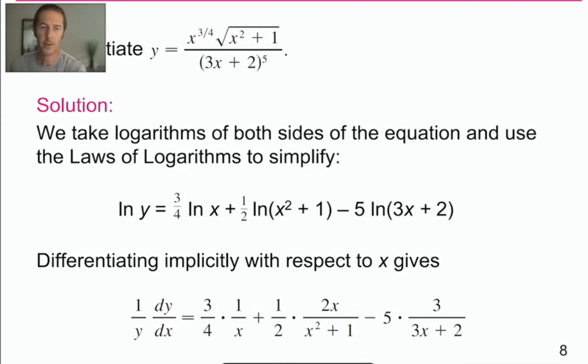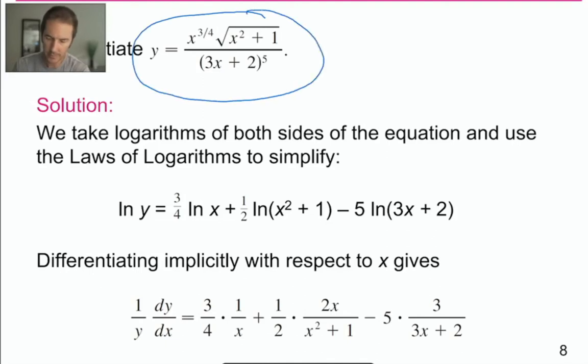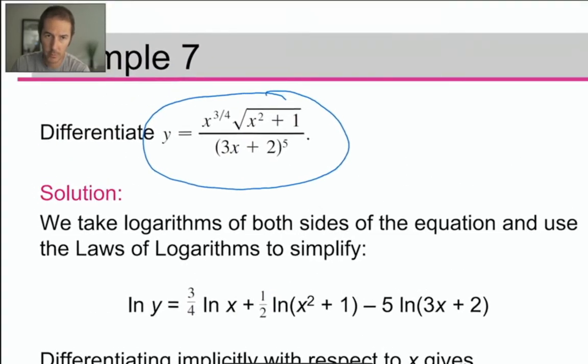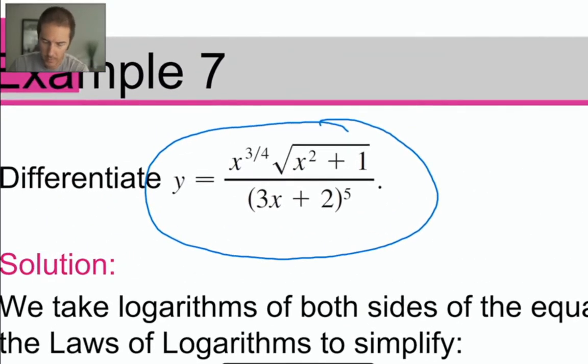What's happened here is we've taken the natural log of both sides of this equation, and when you take the natural log of the right-hand side, what happens is the power rule for logarithms, the product rule for logarithms says that I can turn this multiplication into addition.